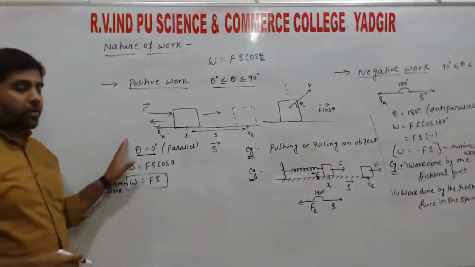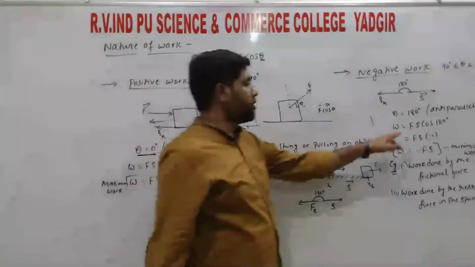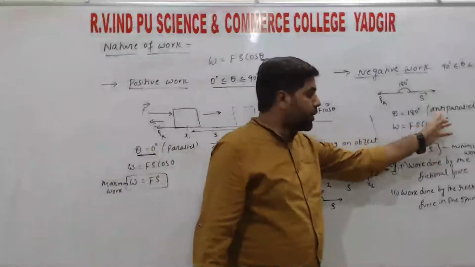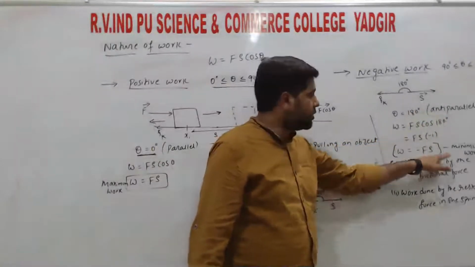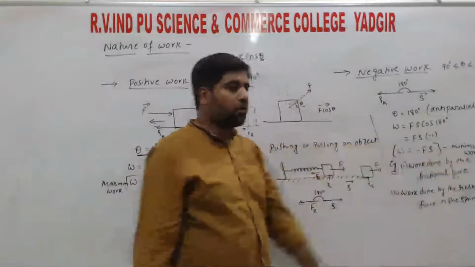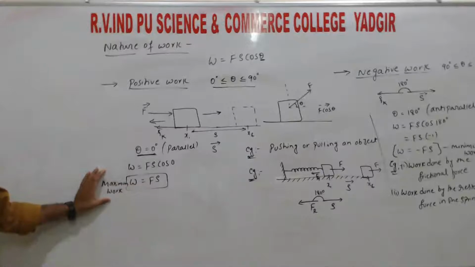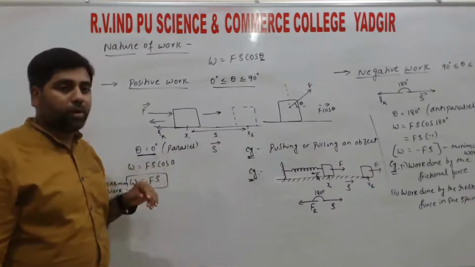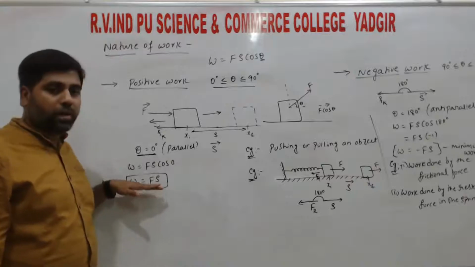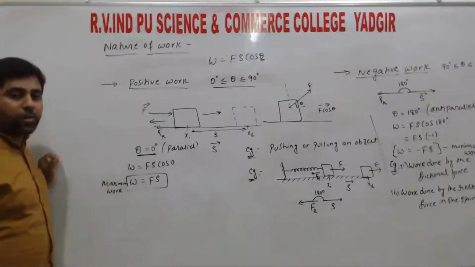So for positive work, force and displacement must be parallel. For negative work, force and displacement must be anti-parallel, angle is 180 degree. So the work that comes here we call minimum work. If they are parallel, the work we get is maximum work, right? So maximum then minimum. The question may ask you to write the condition for maximum and minimum work.